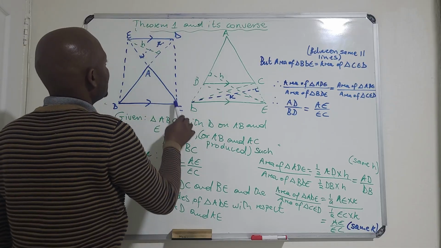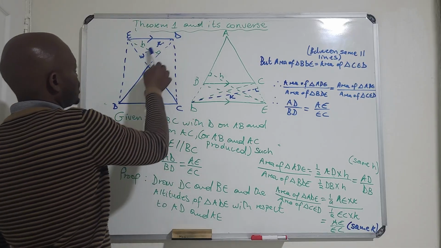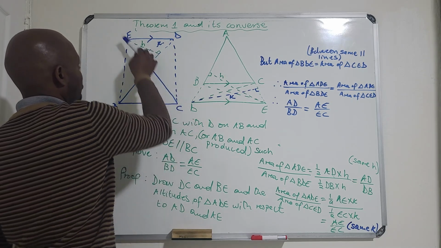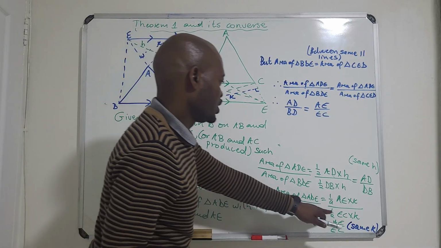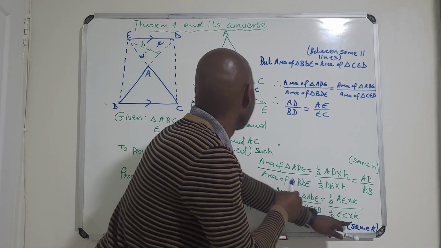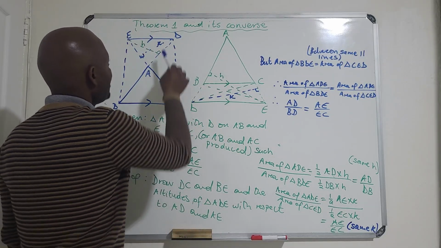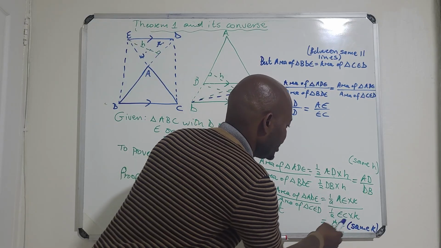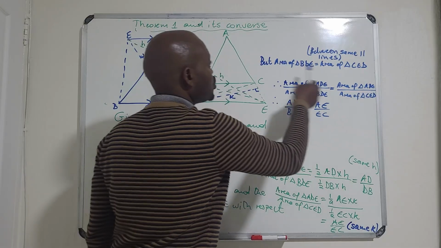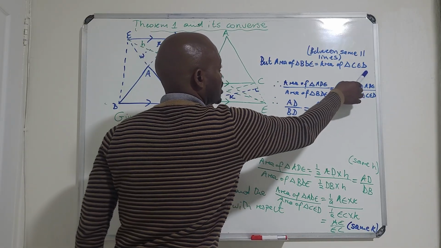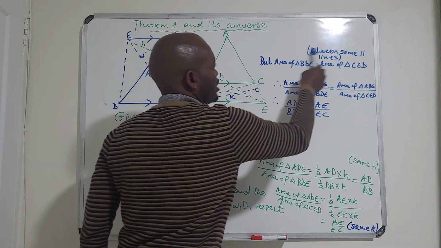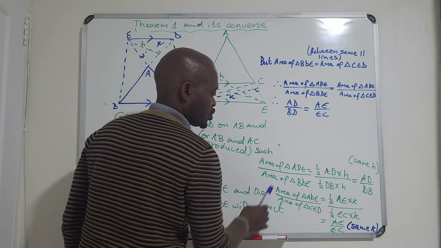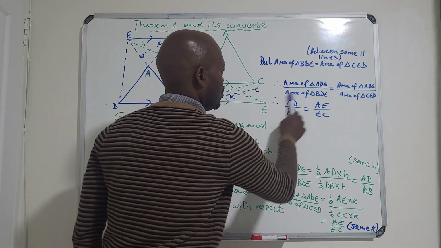So this triangle, its area, because obviously the height is perpendicular to the base. There's your base, which is EC. That is why it's half EC times height, which is K there, which also gives AE over EC. Therefore, we go straight there. Since the areas are the same, they're between two parallel lines, then this is equal to that. Therefore, there.